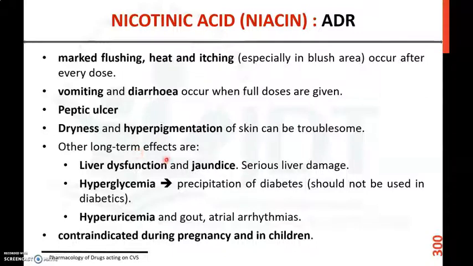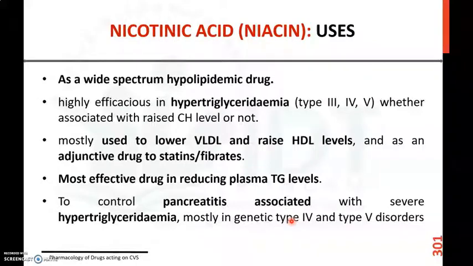And long-term use of nicotinic acid may cause liver dysfunction and jaundice, which may lead to serious liver damage, and it may lead to hyperglycemia, so it may precipitate a diabetic condition, and hyperuricemia and gout and atrial arrhythmia are other side effects. And nicotinic acid is contraindicated during pregnancy as well as in children also.